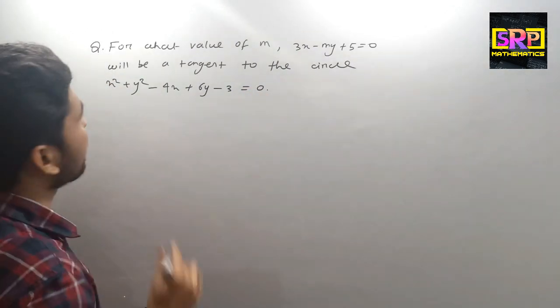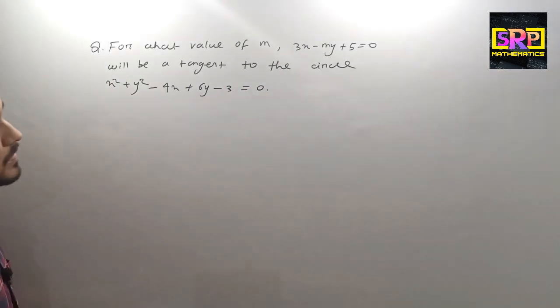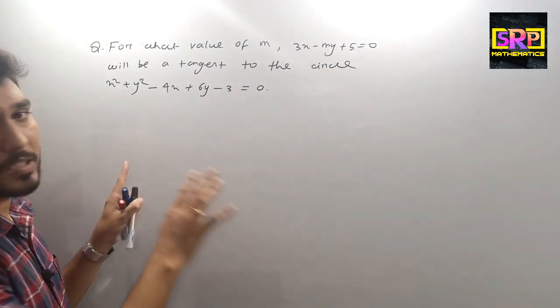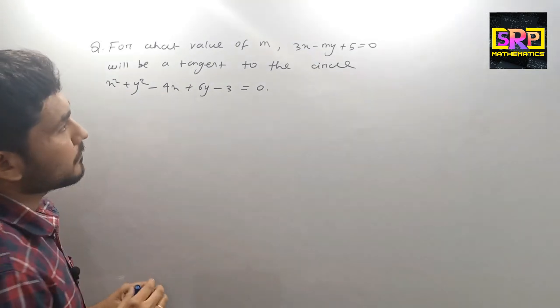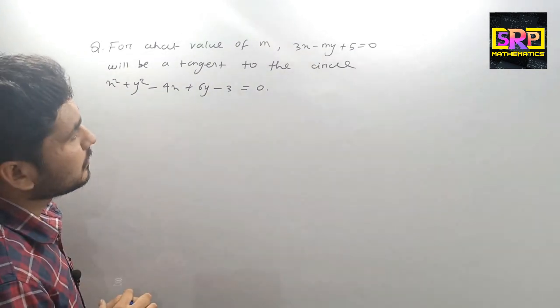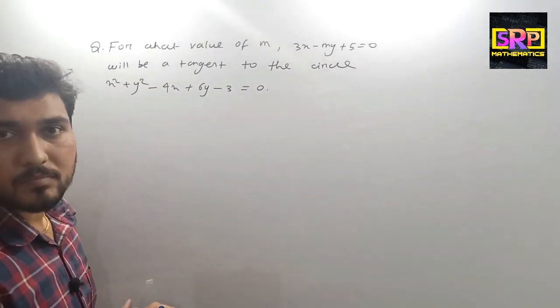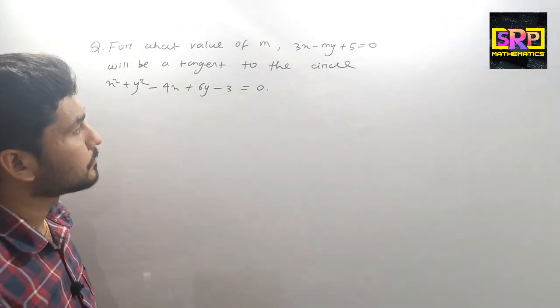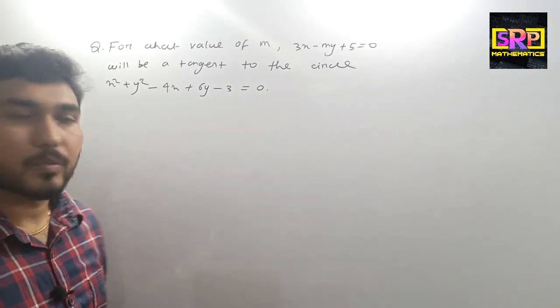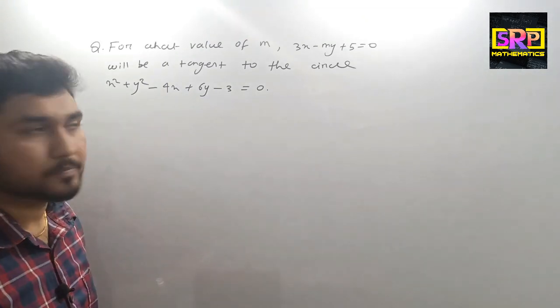Okay, so this is the question for you, and if you have understood the concept I have taught you, you can solve this question. You can get the answer, so get the answer and put it in our comment box. Let's see how many of you are doing it correctly.